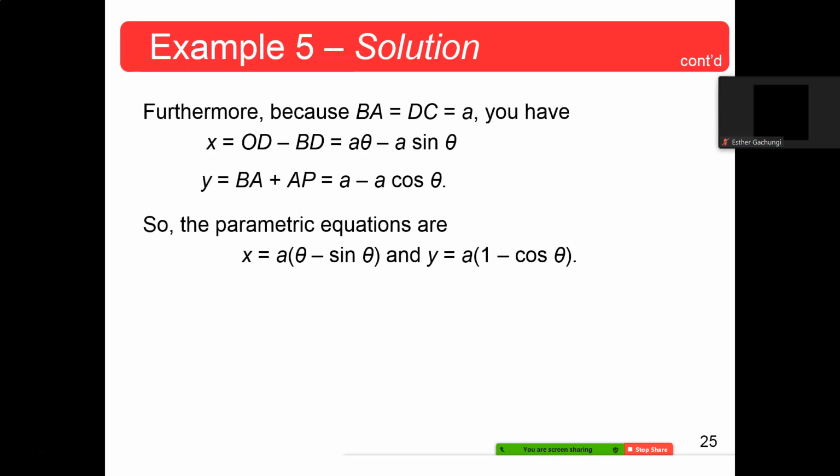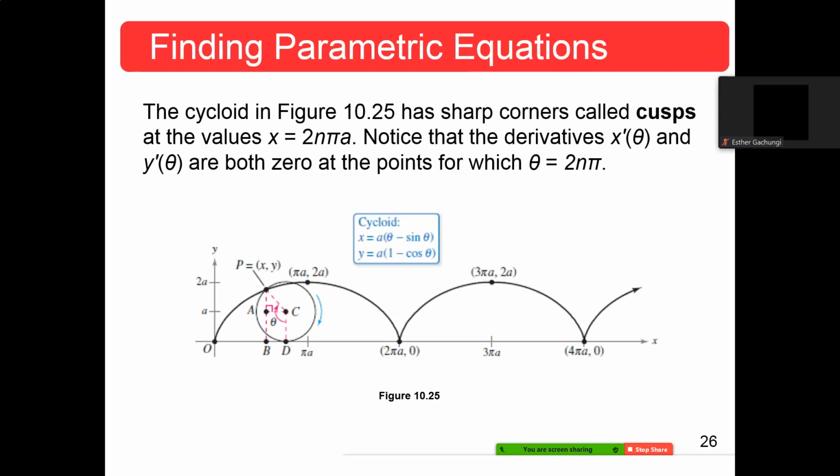Your y is just BA, which is A minus A cosine theta. So the parametric equations are those, and you can factor out the A from both of them. x equals A times theta minus sine theta, and y is equal to A times 1 minus cosine theta. Rather bizarre parametric equations.